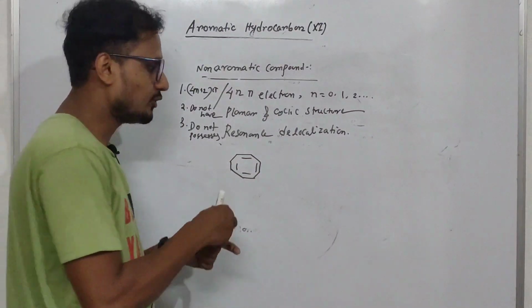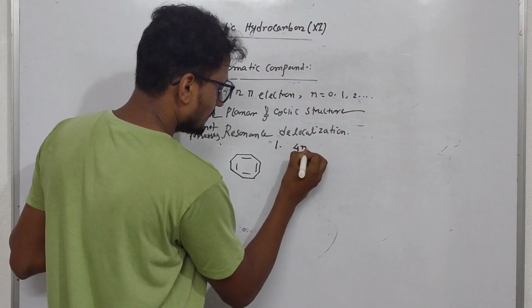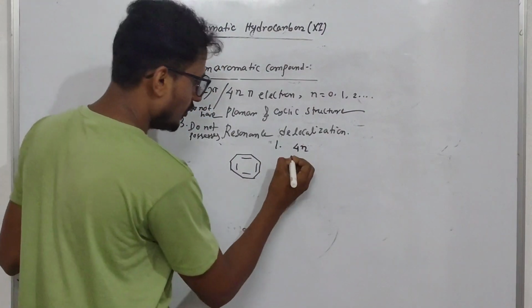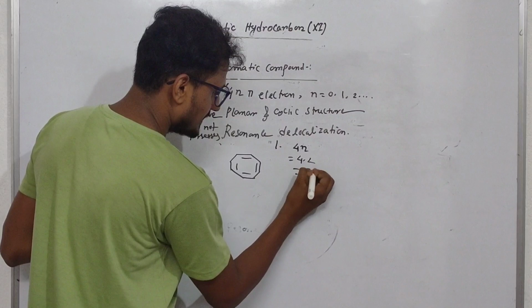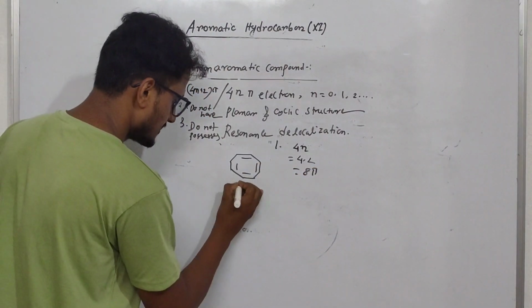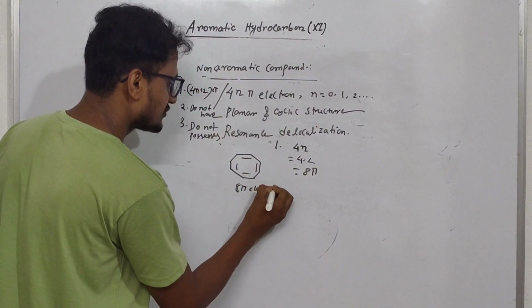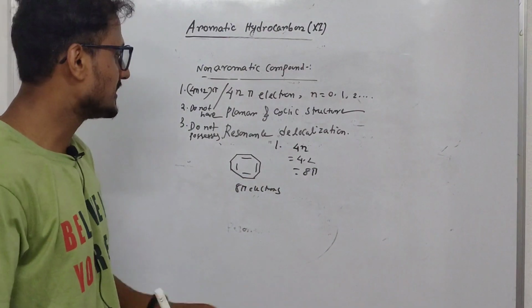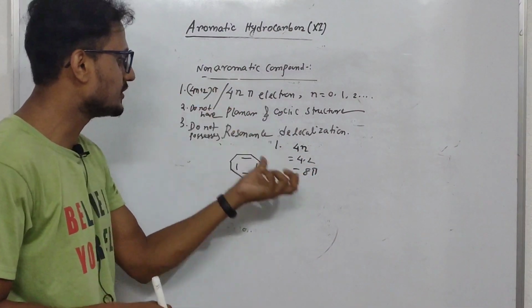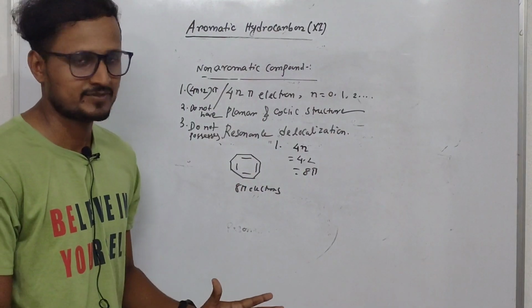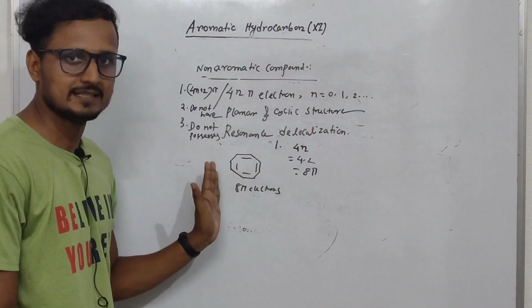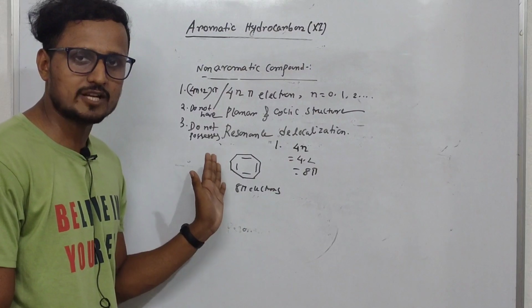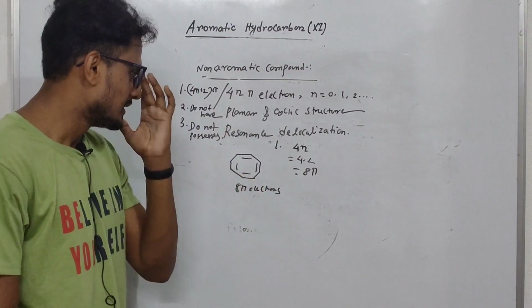So it may seem to follow the 4n rule, because 4 into 2 is 8 pi electrons. Though it has 8 pi electrons, it is not anti-aromatic, because someone will think that by satisfying number 1 it is anti-aromatic, but it is not. Though the compound looks like this, it is not actually like this.